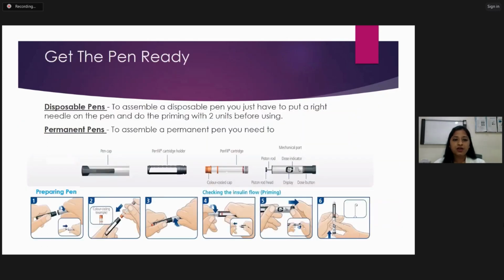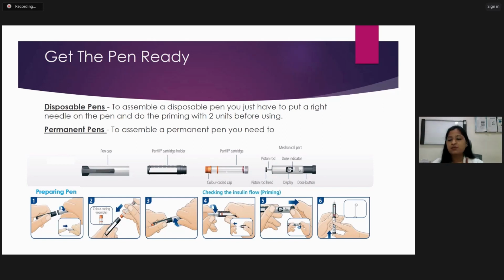After knowing the disposable pens and the permanent pen, it is very important to tell the patient how to make the pen ready. When we talk about how to assemble a disposable pen, it comes pre-filled with 300 units of medicine, and in the case of Studio, it has 450.